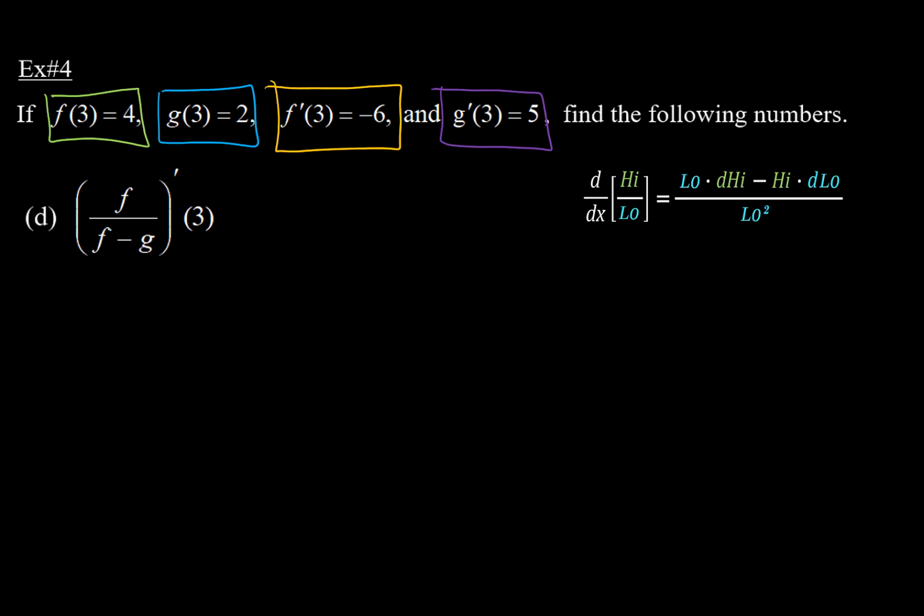All right, so this is the quotient rule. Keep in mind that the quotient rule has f minus g in the bottom. So when we're finding the derivative, the low is f minus g. So we start off with low d high.